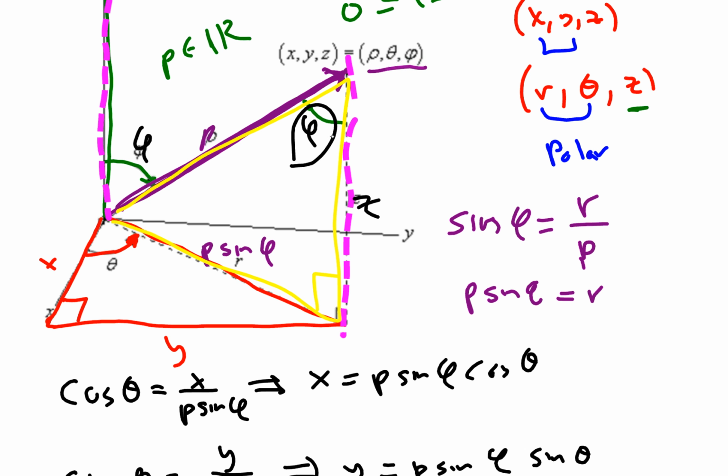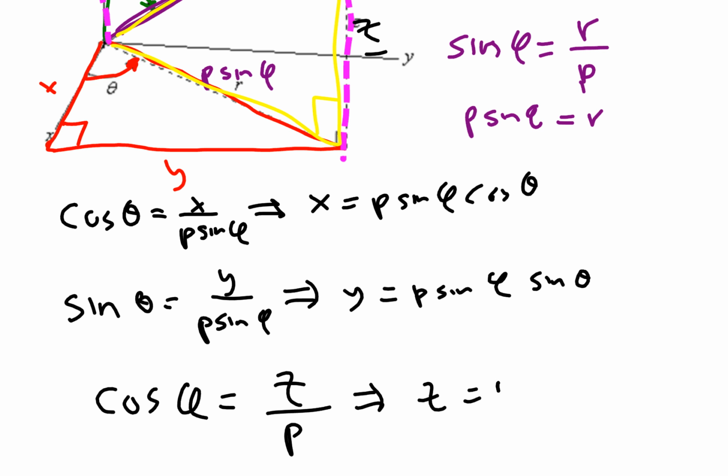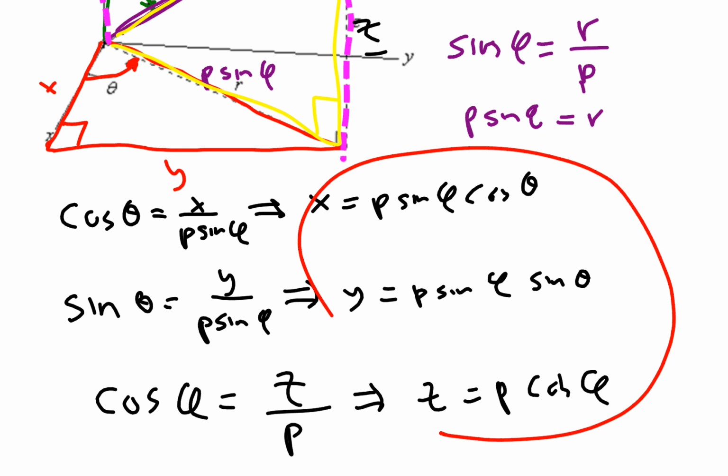We could say that the cosine of phi equals adjacent over hypotenuse, which would be z over rho. So let's go write that down. Cosine phi equals adjacent z over hypotenuse rho. So that would tell you that z is equal to rho cosine phi. So now you have this nice set of relationships between x, y, and z and rho, theta, and phi.